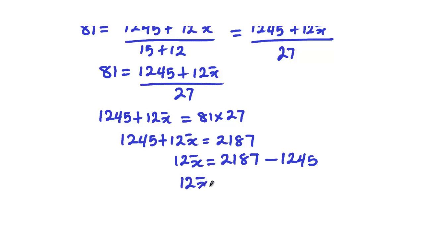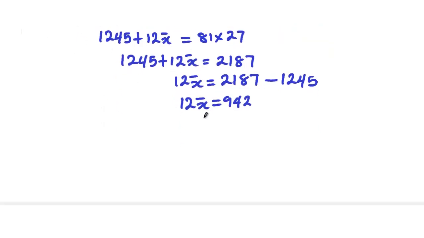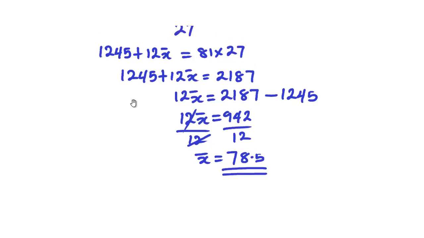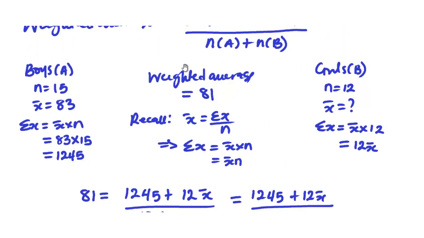So 12 x bar is 942. Divide both sides by the coefficient of x bar, which is 12, and 12 cancels 12. So the average score of the girls is 942 divided by 12, which gives us 78.5. So the average score of the 12 girls is 78.5.